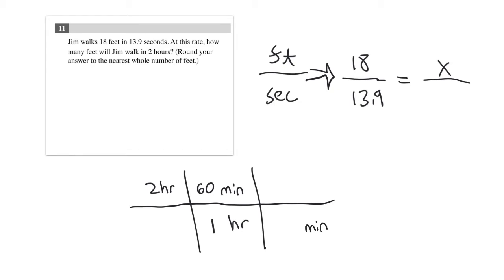And then we can remember, oh, there's 60 seconds in 1 minute. So every time there's 1 minute, that corresponds with 60 seconds. And at that point, you now have the word that you're looking for. And we've constructed this sort of diagonal situation such that the words we don't want are going to cancel.